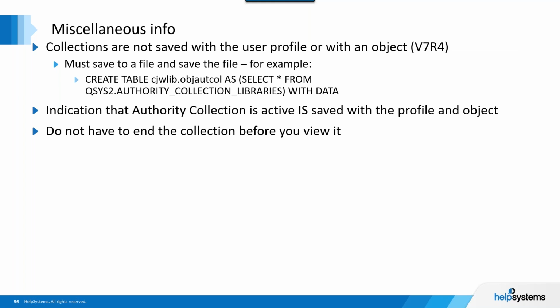I have found out the hard way that if you have an abnormal IPL, often this table containing the authority collection information can get damaged, and when it gets damaged, the information goes away. At one client, we lost about 2 weeks of information that we had been collecting along the way. So I made it a habit of doing a nightly save of that information so that we wouldn't lose it. So just be aware of that.